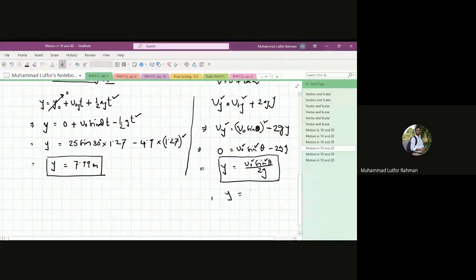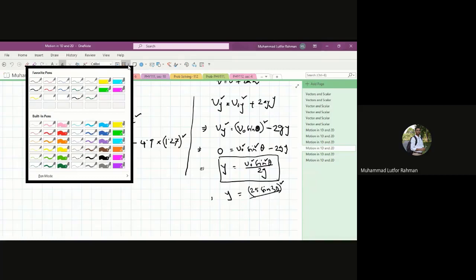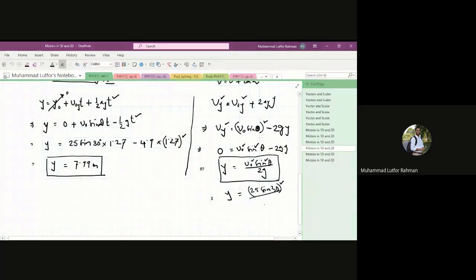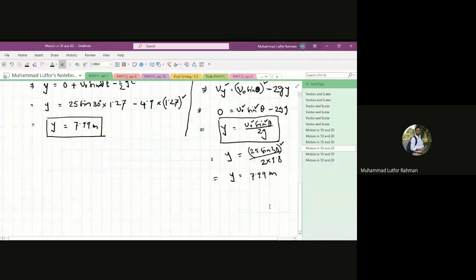It should be 25 sine 30 whole square divided by 2 into 9.8, and you'll find y will also be 7.99 meter. Fine. So this is the answer to part A.